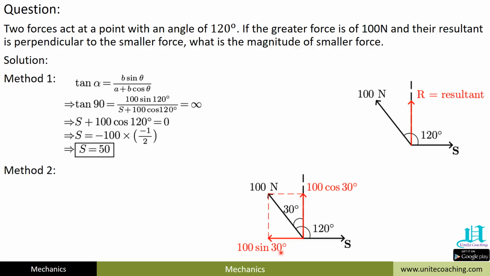And this will be equal to 100 into sin 30. Sin 30 is equal to 1 by 2, so 100 into 1 by 2 will be equal to 50. So here we have 100 sin 30 equal to 50, and this is 50 root 3, right?